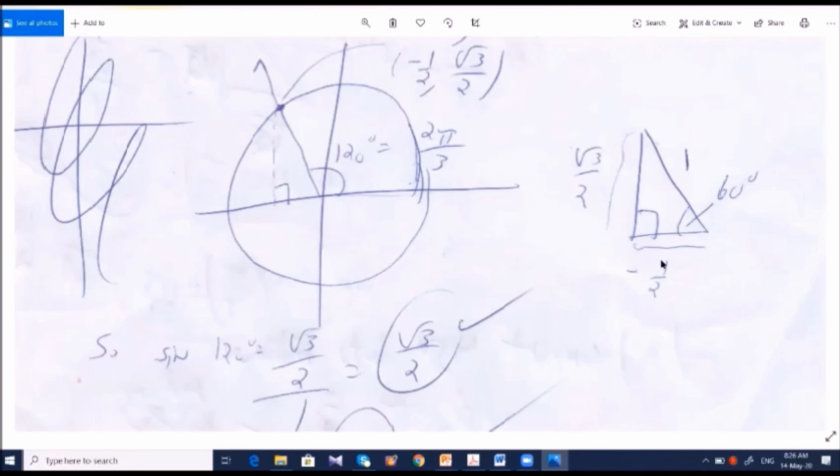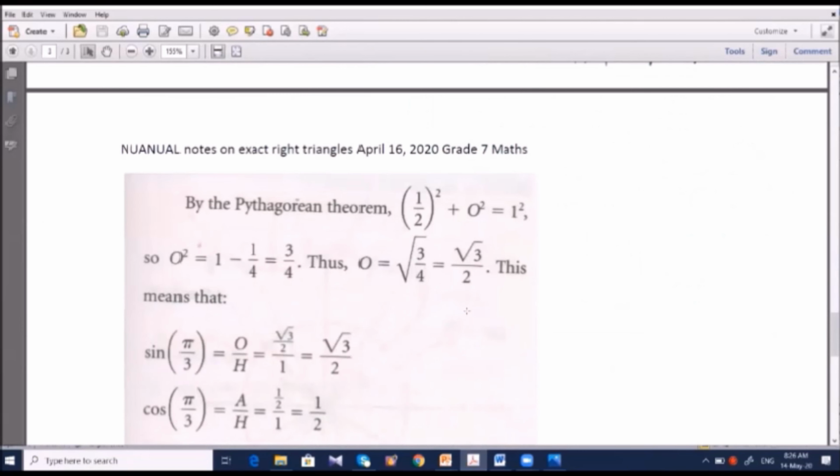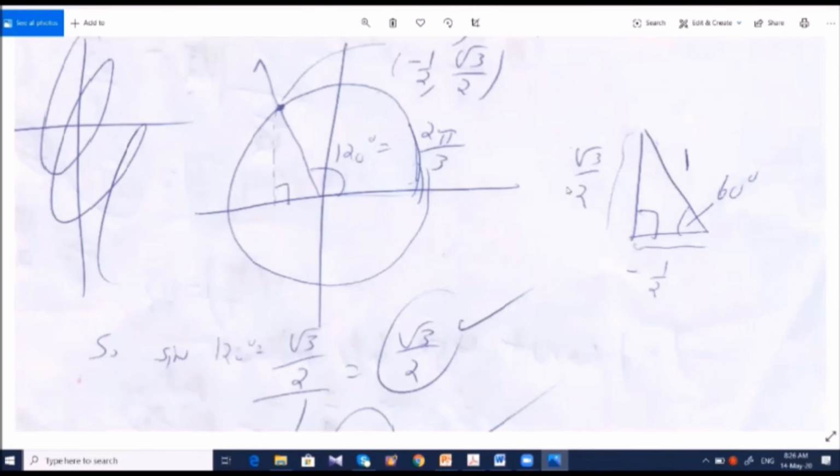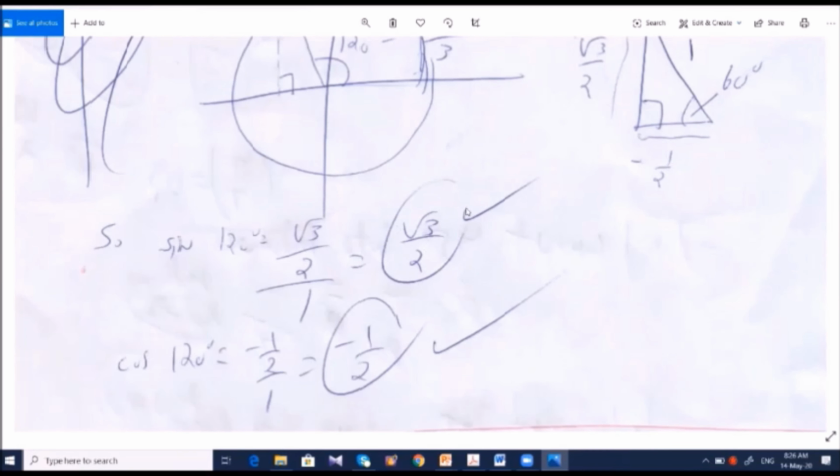This is my base, -1/2. This is my height that I just got, the square root of 3 over 2, which I just showed you right here. That is the length of the height. Take that divided by 1, and you get the square root of 3 over 2.